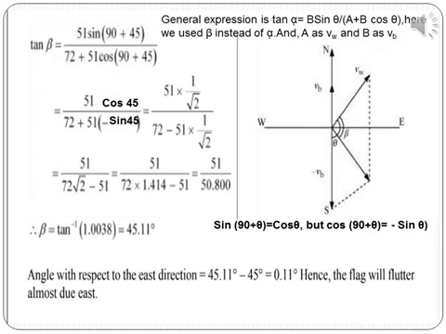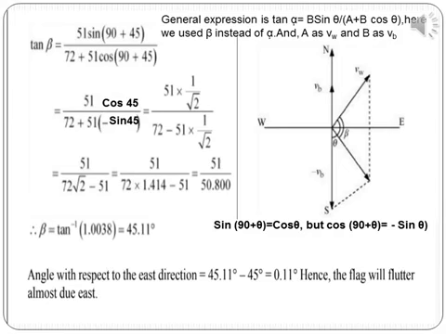The angle beta gives the direction of the flag on the mast of the boat. So, what should be tan beta? Tan beta is equal to B sin theta divided by A plus B cos theta. Here, A is 72 km per hour, B is 51 km per hour and theta is 90 degree plus 45 degree, equal to 135 degree.